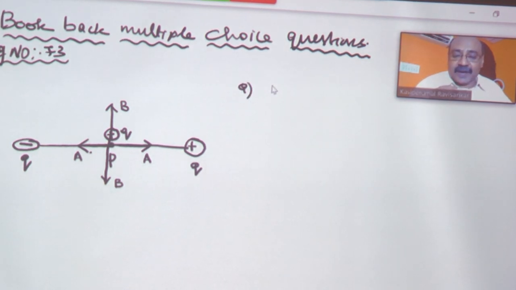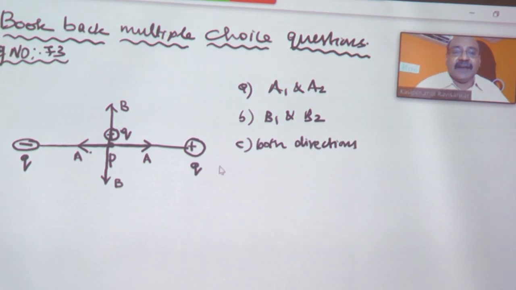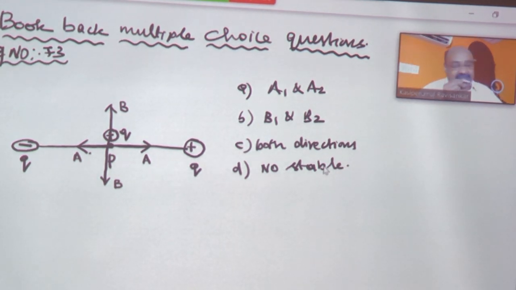The first option is A1 and A2. The second option is B1 and B2. The third option, it will be stable in both directions. And the fourth option is that it is not stable. Those are the four options given.